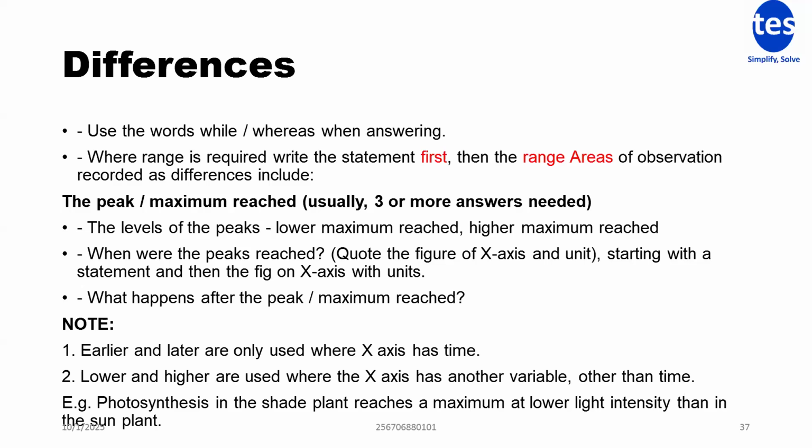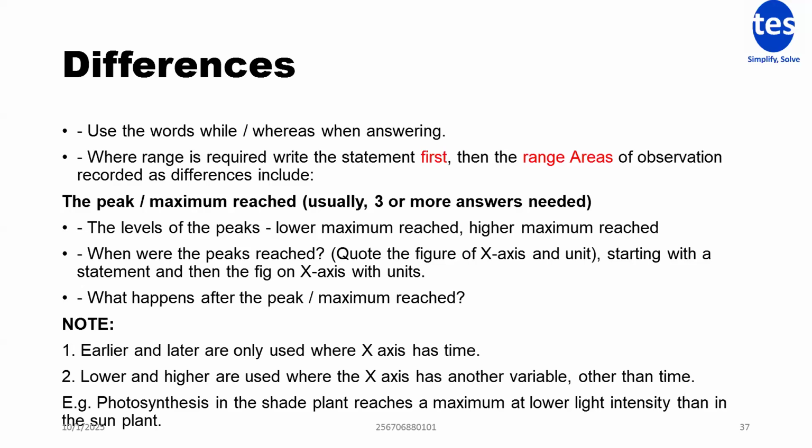Let's say, for example, the respiratory rate attains a higher peak, while the sugar content attains a lower peak. If it is in terms of time, what comes before the other, then we say the respiratory rate attained an earlier peak, and the sugar content attained a later peak.